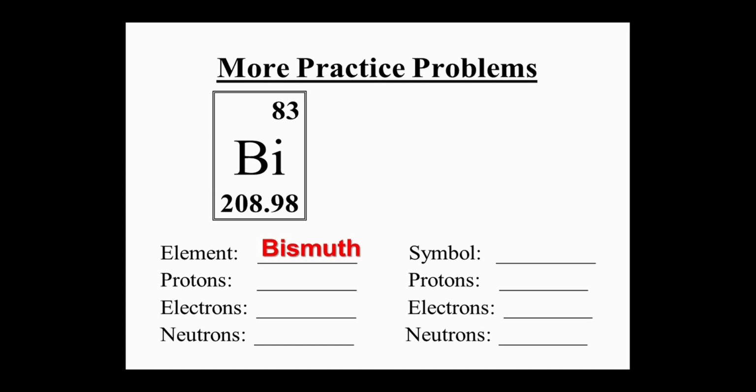Well, the atomic number is 83, which means the electrons are also what? 83. Now our math, again, we cannot use 208.98 and subtract 83, because that would indicate that we have half of a particle or part of a particle. So we have to use our rounded number. So 209 minus 83 gives us 126.